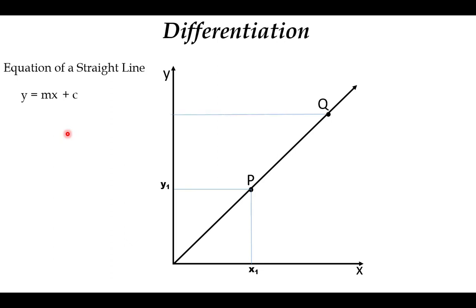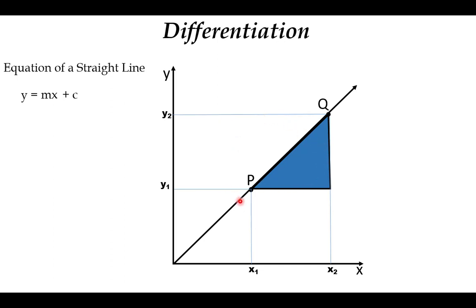Let's call that y2, and then it has a corresponding point on the x-axis, say x2. Now, these 2 points form a difference triangle.